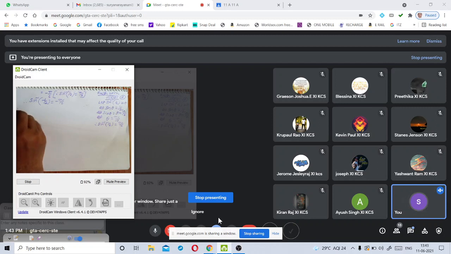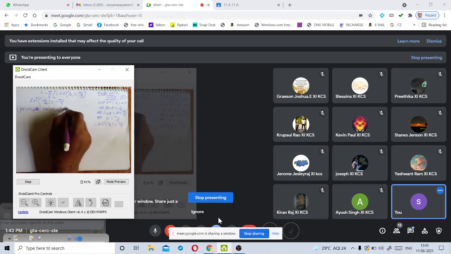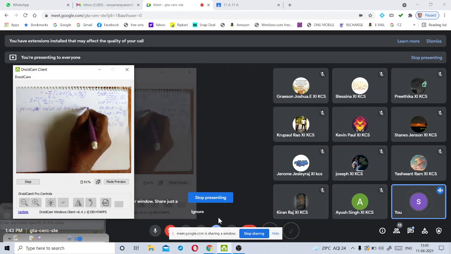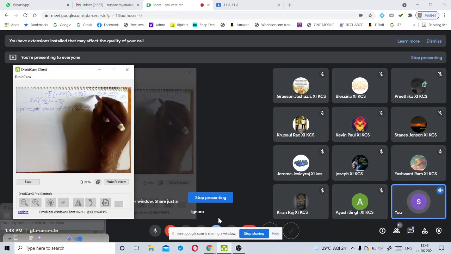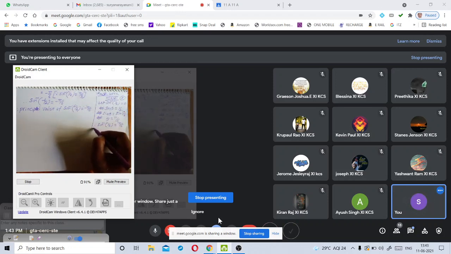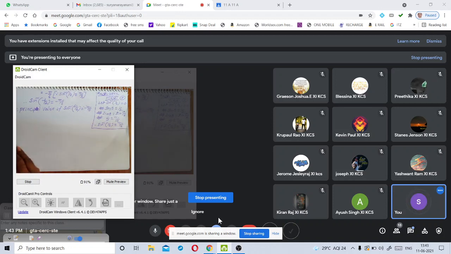Therefore, finally we conclude that the principal value of sin inverse of minus 1 by 2 is equal to minus pi by 6.